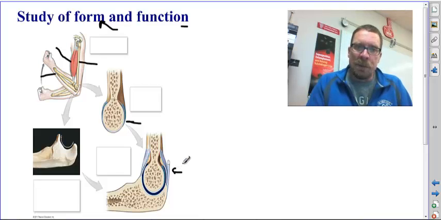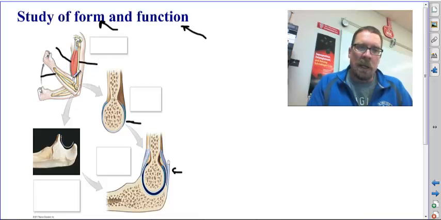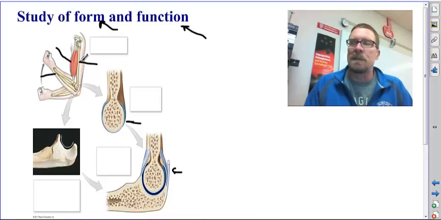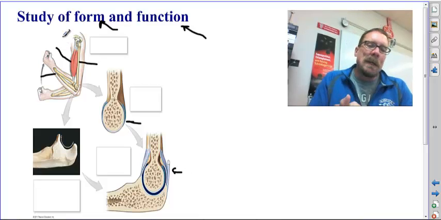The physiology portion, which often is a little more difficult for students to grasp or at least explain well, is then the function. What is the interaction of all these things? Yes, these are the parts that put it together, but in order for that arm to bend, to curl, I had to have an interaction between the muscular system, the skeletal system, and the nervous system with a voluntary or involuntary response.